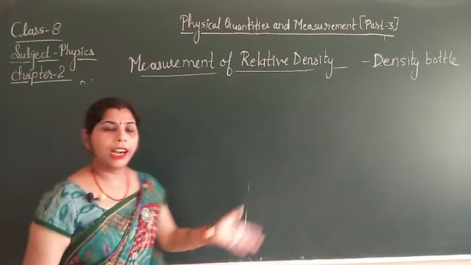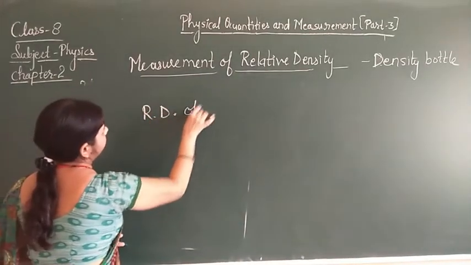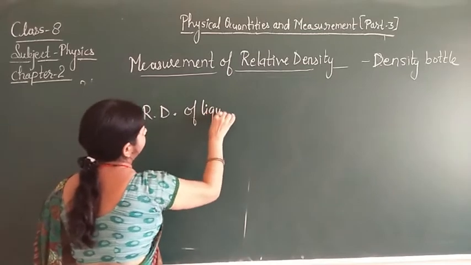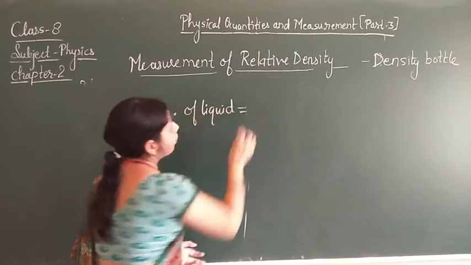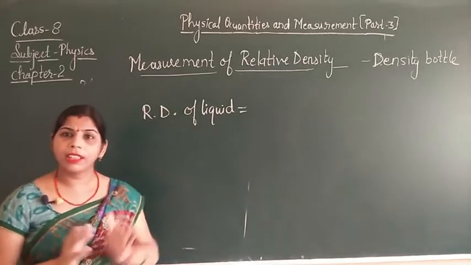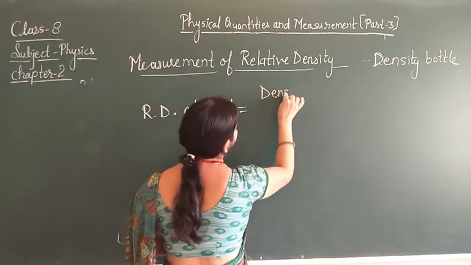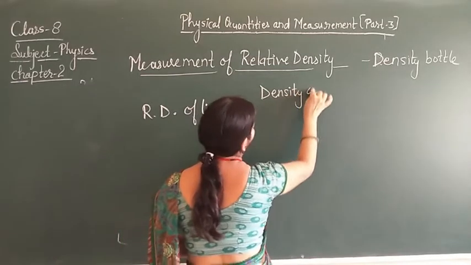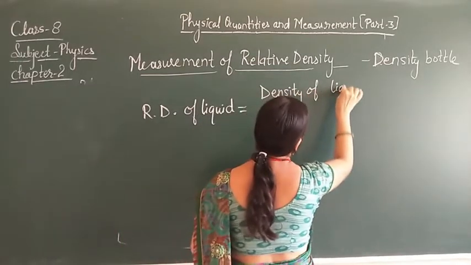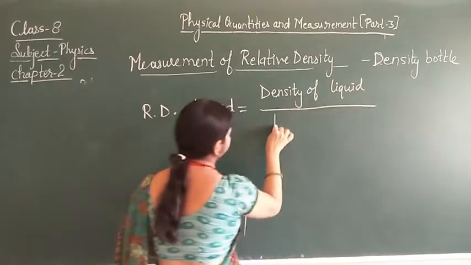Now how can we measure the relative density of the substance? RD of liquid: first we measure the density of the liquid, divided by the density of water.